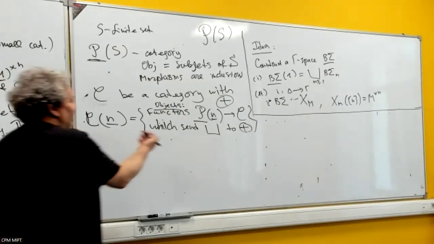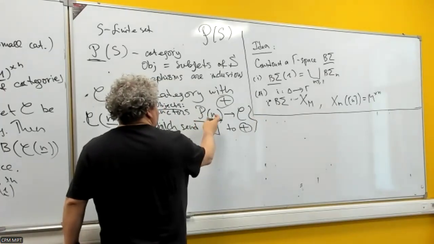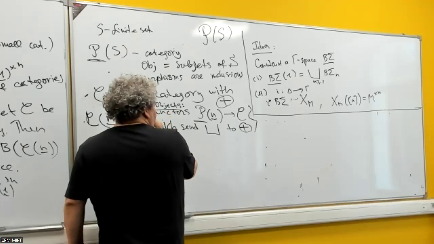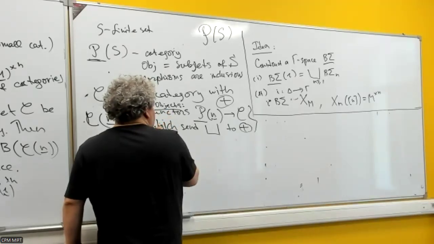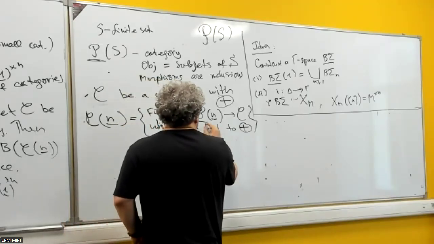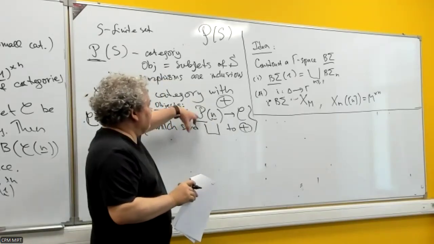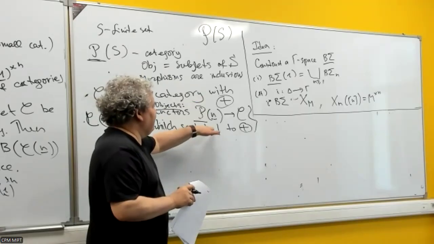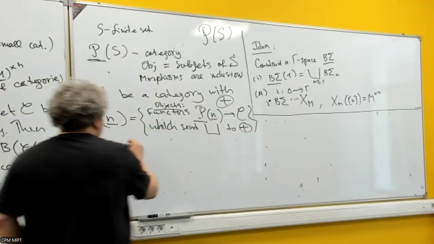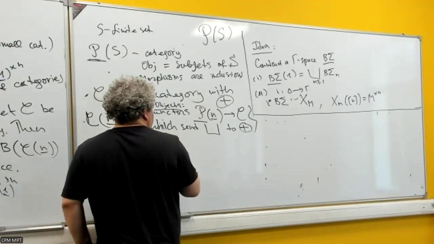If we have two disjoint subsets in n, then the disjoint union should be taken to direct sums. And morphisms are isomorphisms of such things.